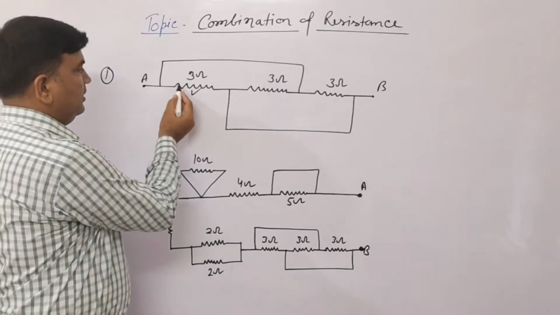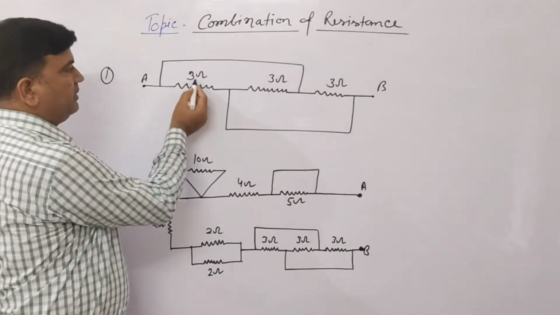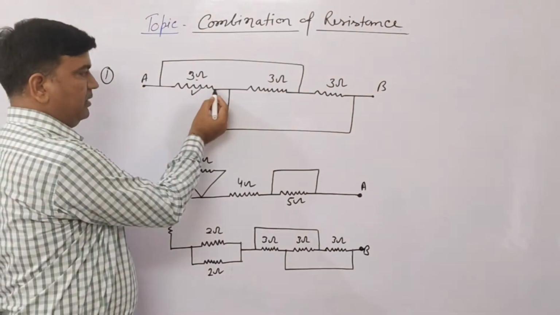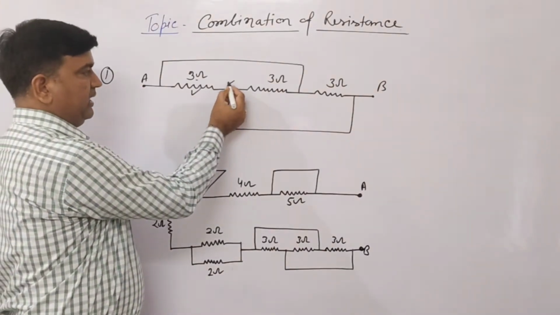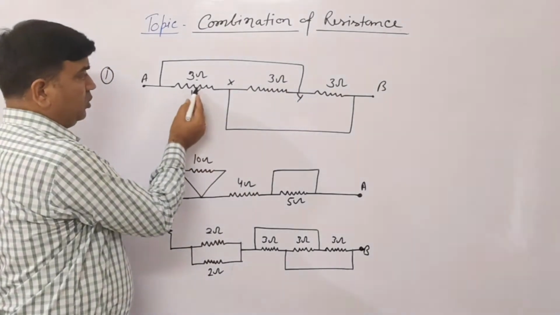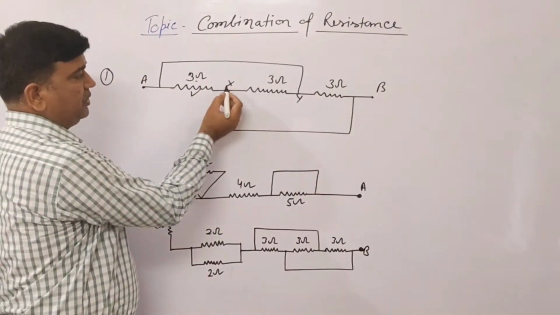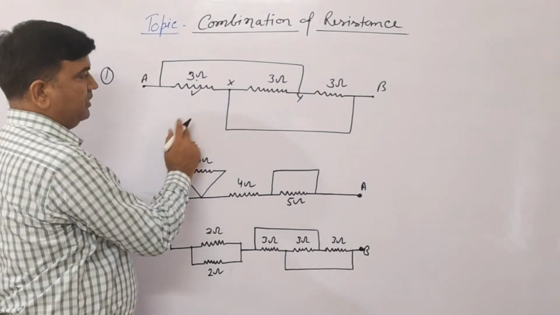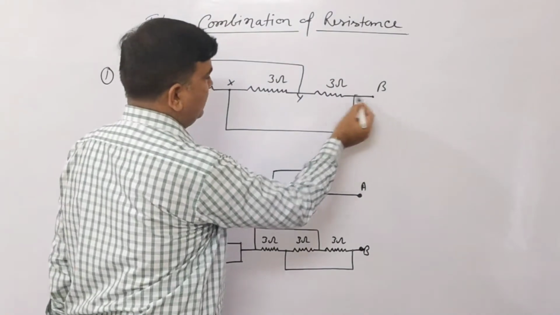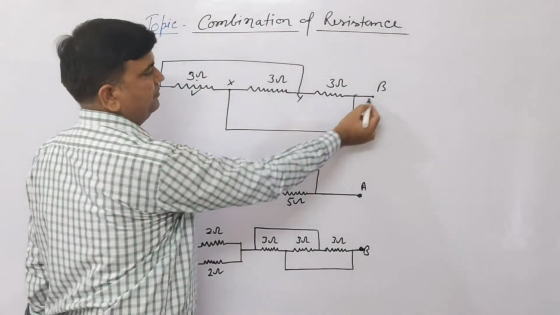One terminal of the resistance is joined at point A, and for the other terminal, suppose this point is X and this point is Y. The other terminal of this resistance is joined with point X, and X is directly joined with point B with the help of a conducting wire.